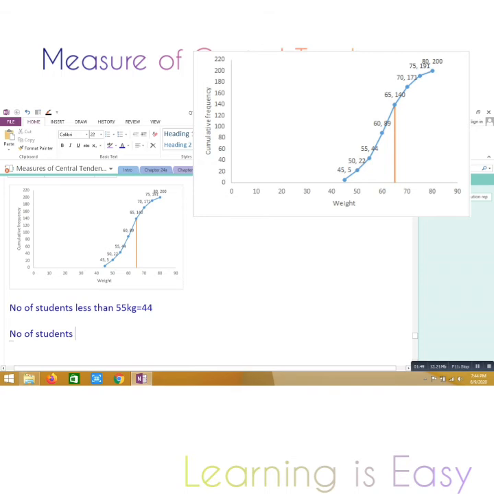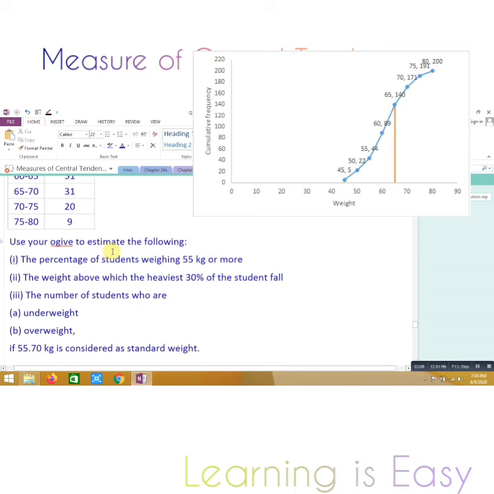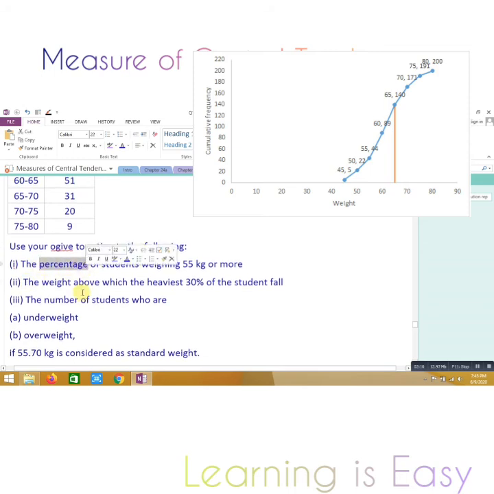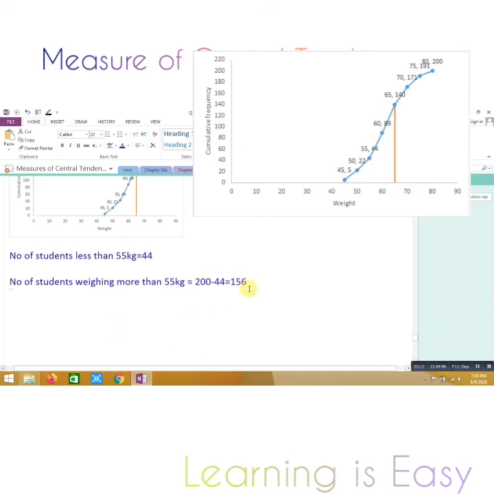So students having greater than 55 kg is 200 minus 44, that's 156. So that is the first part of the question, and it's in percentage.